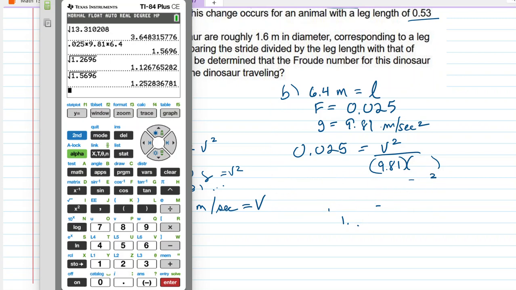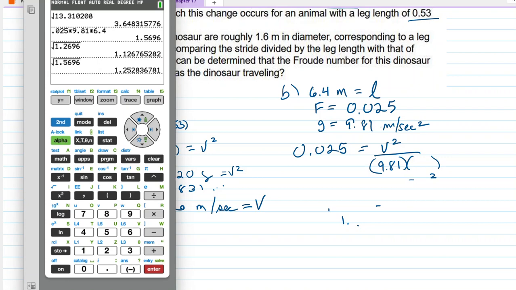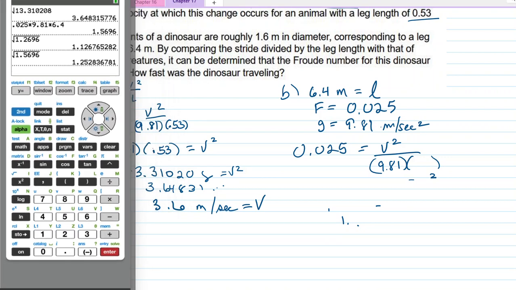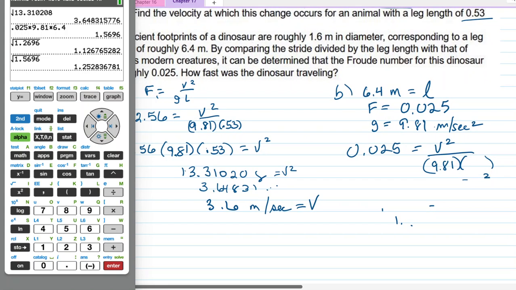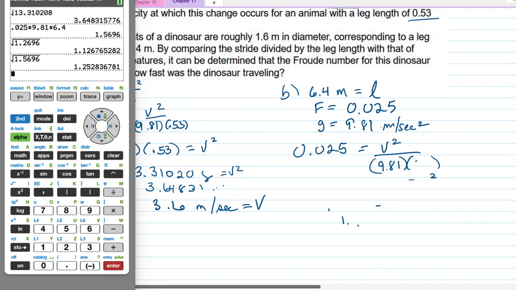Why did I put 6.4? The leg. Oh no, I had it right. 6.4. I'm so sorry. I did have it right. I thought I made a mistake. I thought I needed 1.6. But that's just the diameter. Sorry. I have it correct.